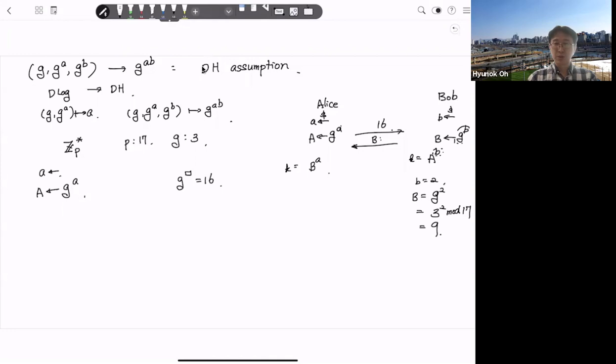How can you compute it? You have to choose some random number, any random number, and then compute g to the b. That is to be published. So can you post this large B value?